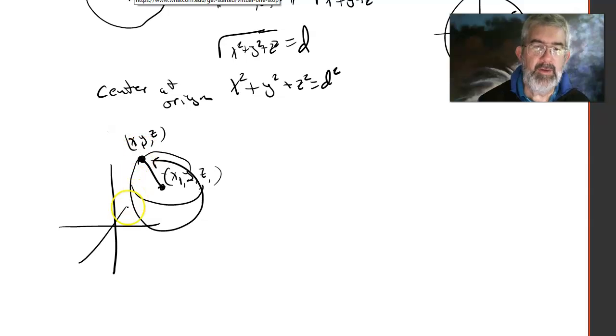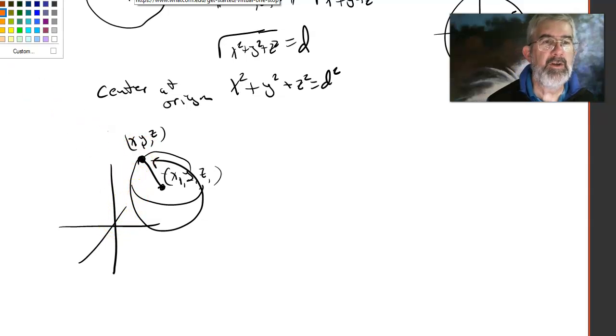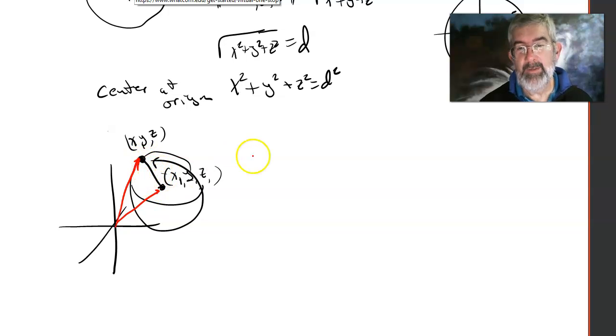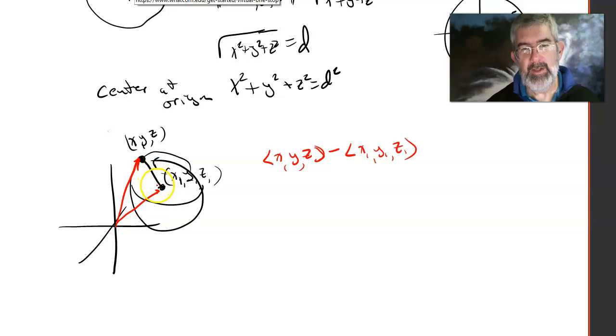If I think of it as a vector based at the origin, and I think of this as a vector based at the origin, then the vector going from one tip to the other tip is the difference of those two vectors. So this black line segment here, I could call the vector x, y, z minus the vector x1, y1, z1. End minus beginning.